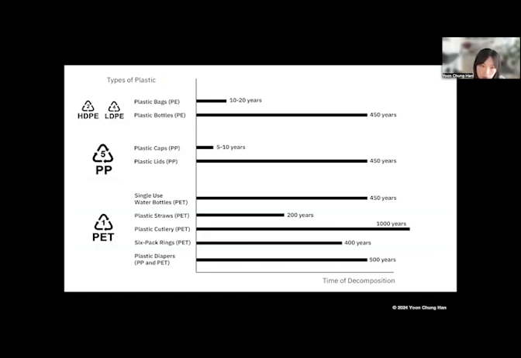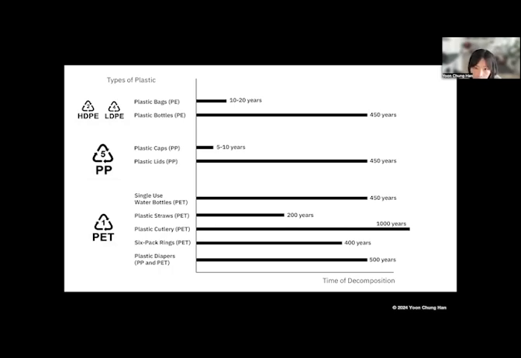Based on the types of plastic, the time of decomposition is very different according to many different research studies. Mostly plastic is almost impossible to decompose, but some of them, the really thin or small ones, are decomposable.